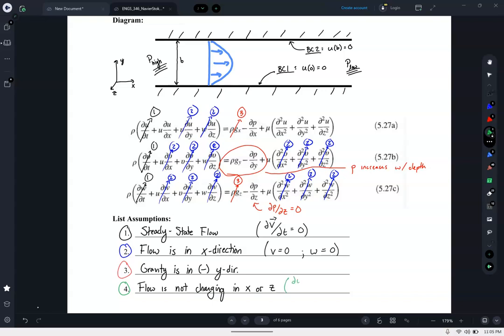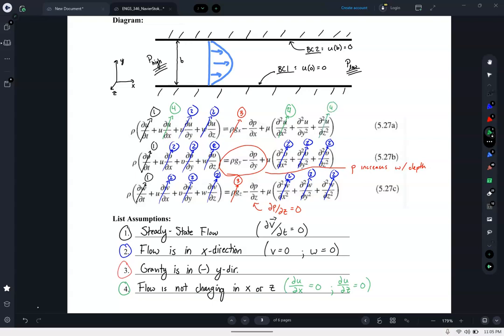The last thing that we know about the system is that our flow is left to right, but it's changing in the up and down direction, in the Y direction. So du dx, we're not changing from left to right, so the derivative is 0. And the derivative in the Z direction, we're not changing in that direction, so that is also 0. So the derivative of u with respect to x is 0. Second derivative, that one is also 0.